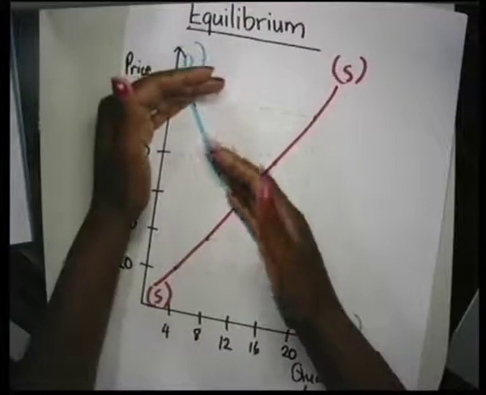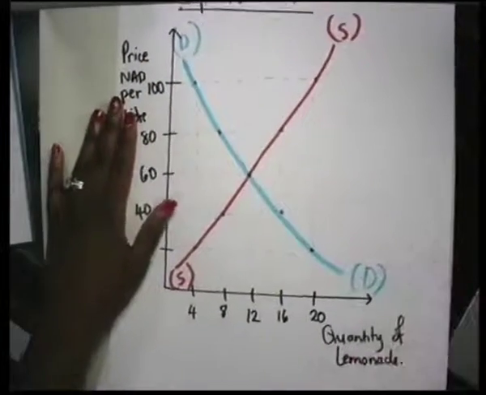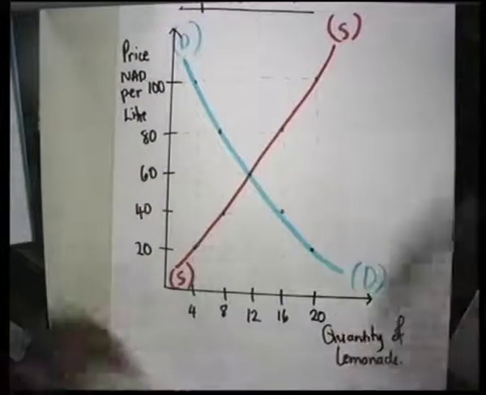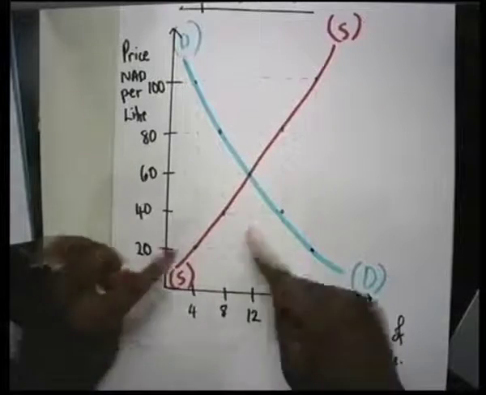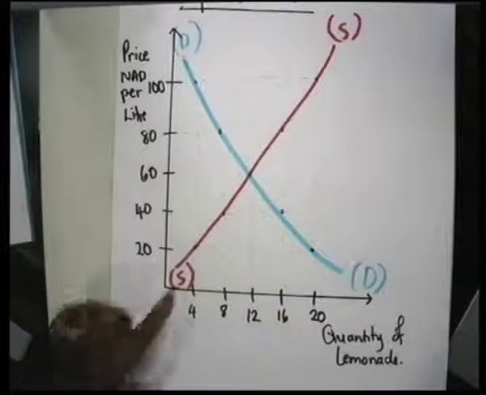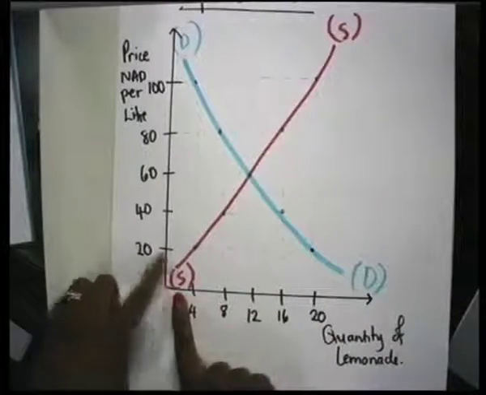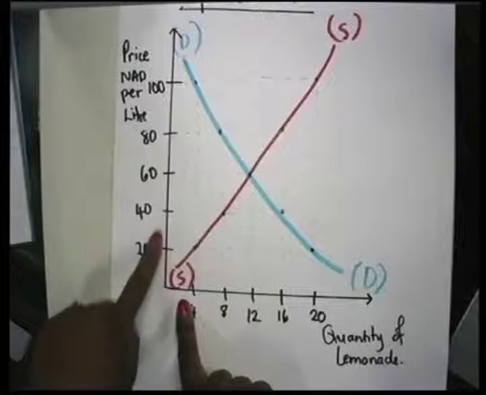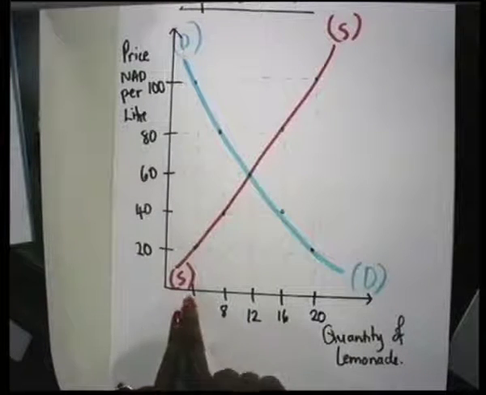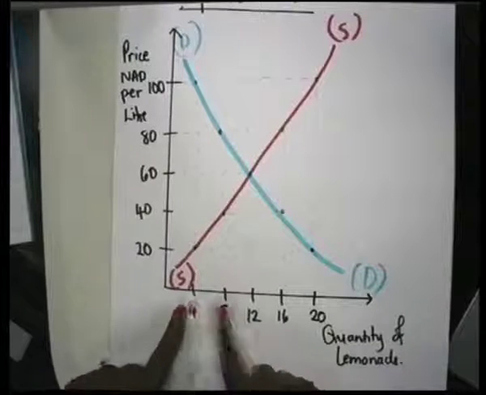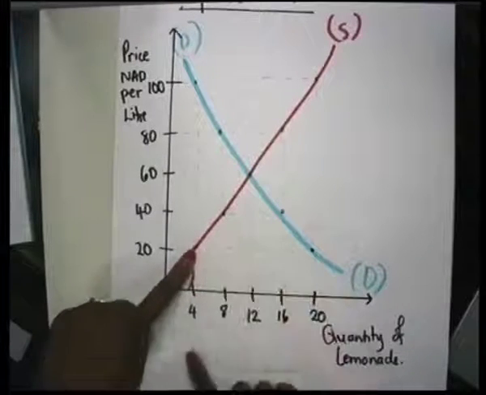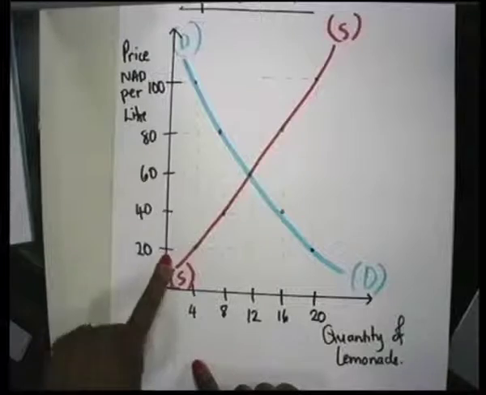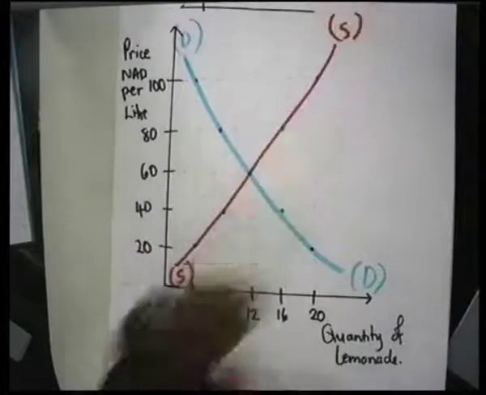So that's a negative relationship, while the supply curve has a positive relationship, meaning that as price increases, so does quantity also increase. So if we move from quantity 4 to 8, it means that the price will then increase as well, because we move from this point to that point, from 20 to 40. So it's a positive relationship.